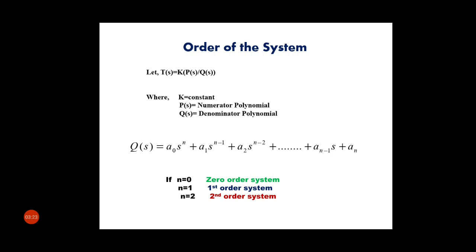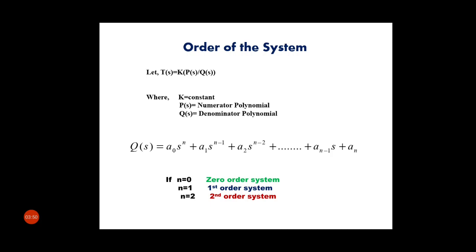Whatever order we mention for a system depends upon the denominator polynomial. That means the s power in the denominator polynomial will show how much order the system has.